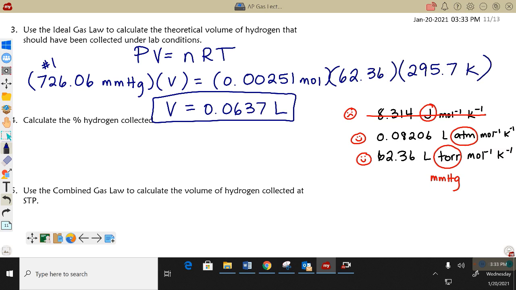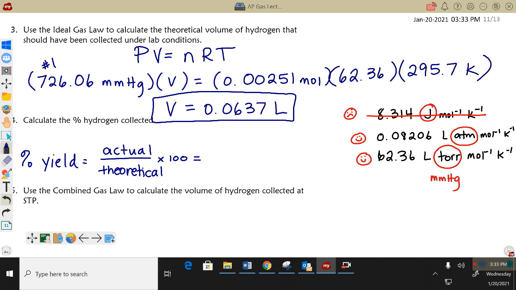Cool. All right, so number 4, we're going to calculate the percent hydrogen collected. A percent yield is basically what this is, and that's actual over theoretical times 100. Okay, so the actual always comes from your lab data.